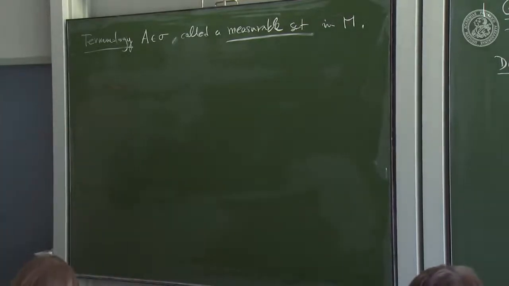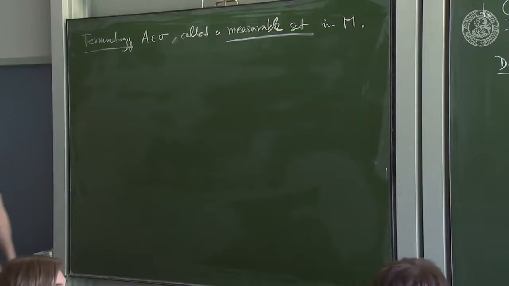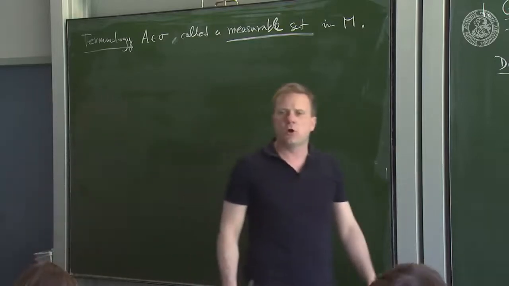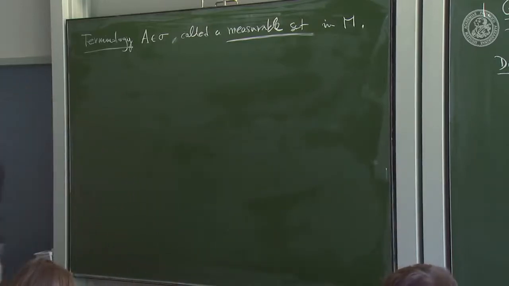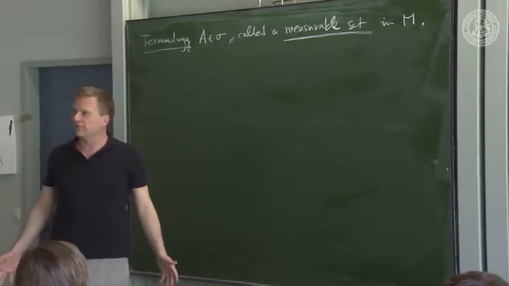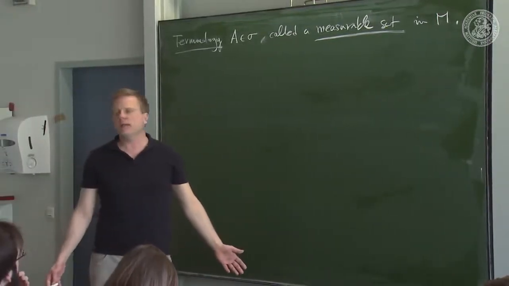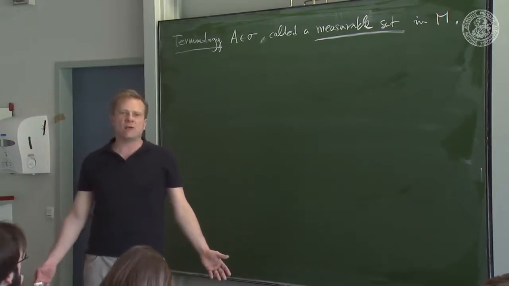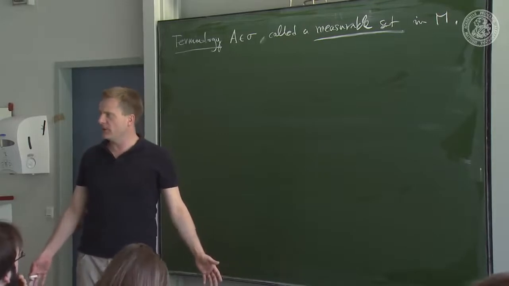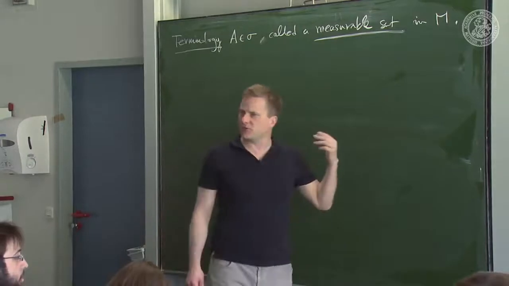So the whole thing we're going to do is we want to be able to assign, and now I use a colloquial term, volumes to subsets. And naively, one might think, well, you take a subset of M, say M is R^3 or R^2 or something. Why wouldn't we be able to assign a meaningful volume measure to any subset? Well, it turns out that's not meaningfully possible with all the conditions you have on that.